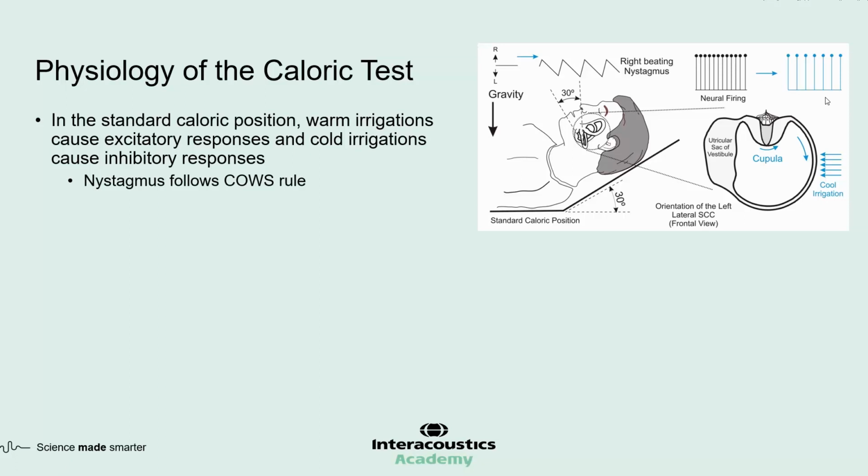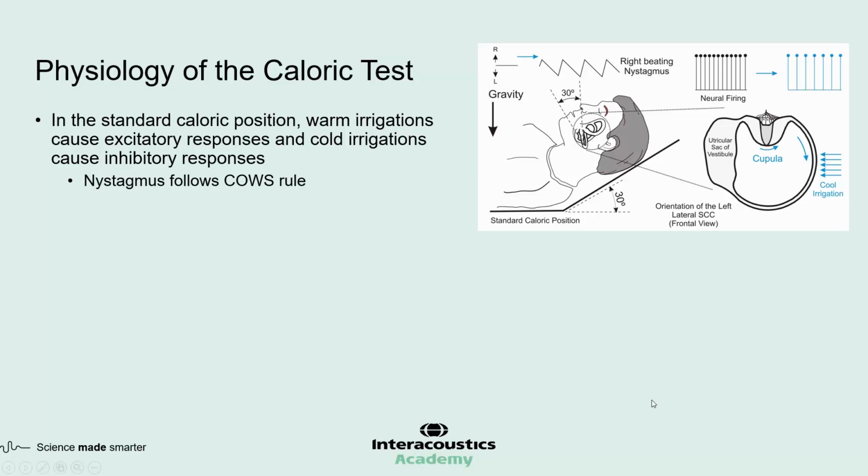Because the tonic neural activity on the opposite ear is higher than this, now the patient will feel like they're rotating toward the non-irrigated ear or away from the irrigated ear. And again, the vestibulo-ocular reflex will move the eyes this time toward the irrigated ear, with fast phases being directed away from the irrigated ear.